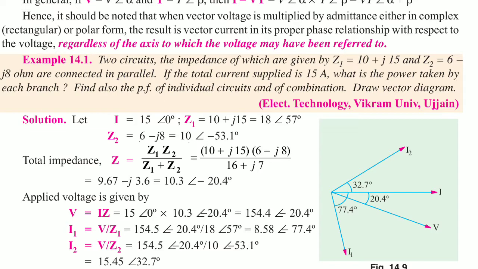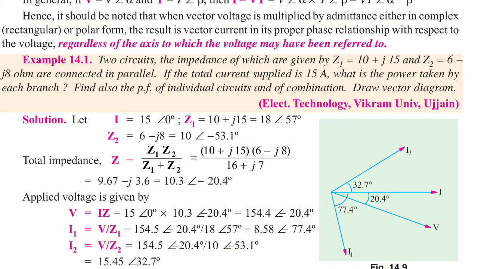Now the branch 1 impedance is Z1, that is equal to 10 plus J15. Here 10 is the R1 and J15 means inductive reactance, that is XL.